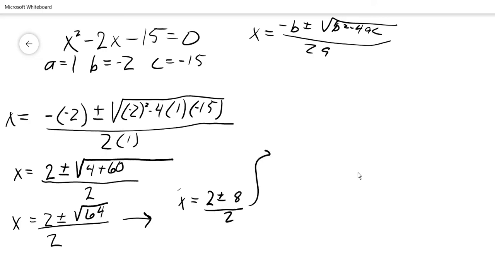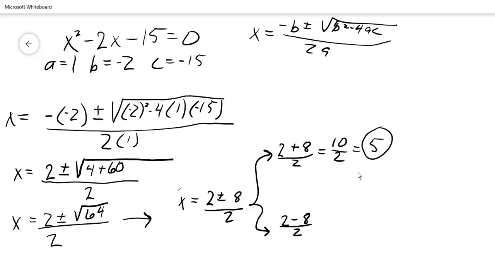This is going to break into two different things. Equals 2 plus 8 over 2, and it equals 2 minus 8 over 2. Well, 2 plus 8 over 2 is 10 over 2, which is positive 5.